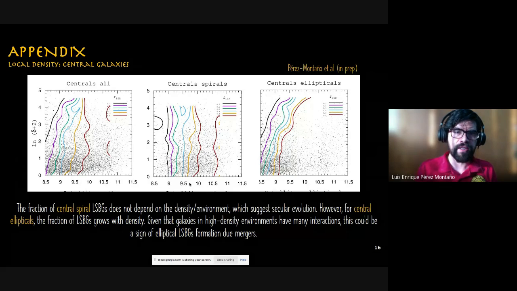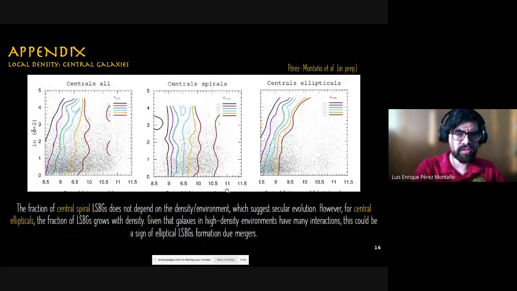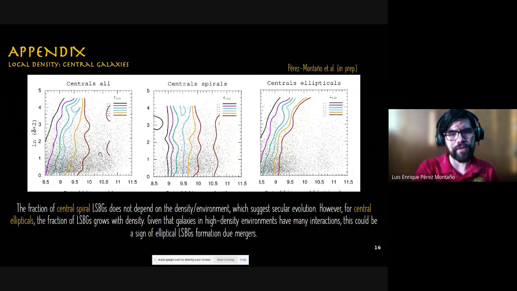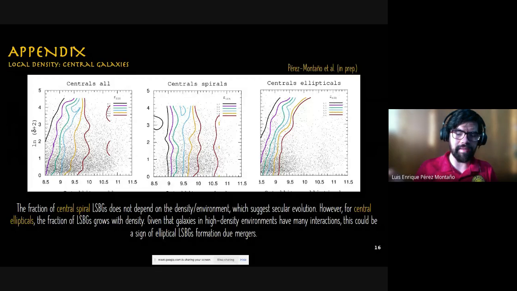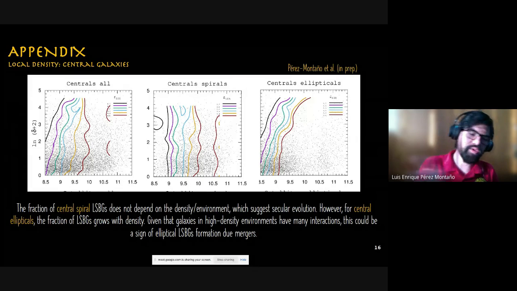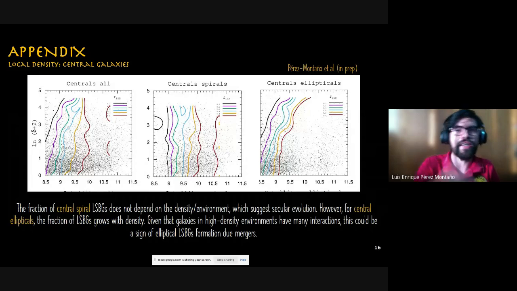I have these density contours that allow us to check, for example, that the local environment has some impact depending on whether you are a central galaxy, a satellite galaxy, a spiral galaxy, or an elliptical galaxy.